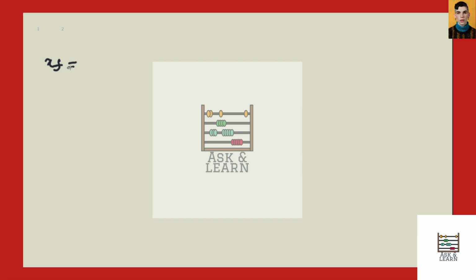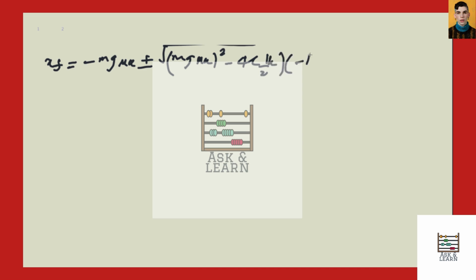Therefore xf is equal to minus mg mu k plus or minus the square root of mg mu k squared minus 4 times half k times minus half m v naught squared, divided by 2a.